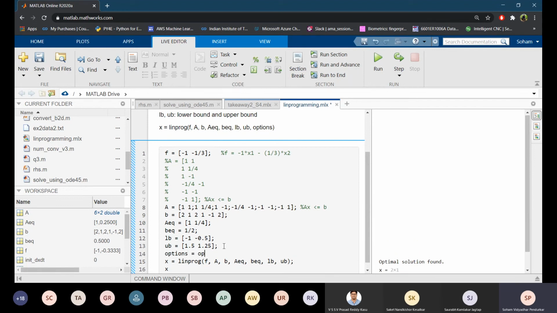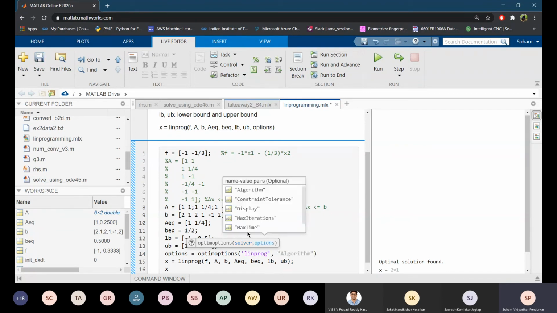Options equals optim... no, I think it's optimoptions. Optimoptions will specify what it is: linear programming. Optim is a much broader toolbox into which there are lots of functionalities, and inside that we are just referring to linear programming.